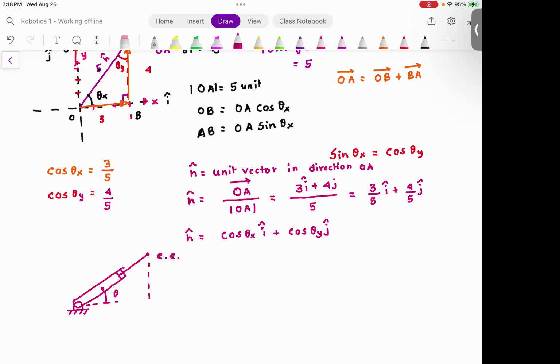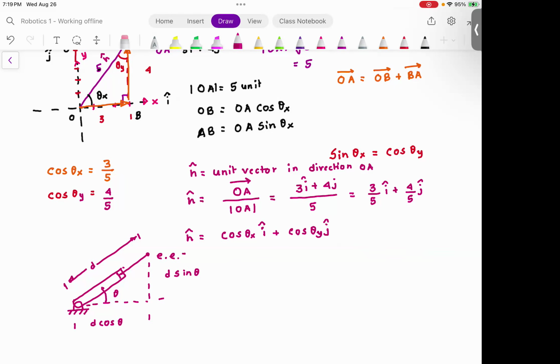If this distance is d, you can easily tell me that this is d cosine theta, and this distance is d sine theta, and there are two variables. This angle can change and this extension can change. So this is a 2 degree of freedom robot.